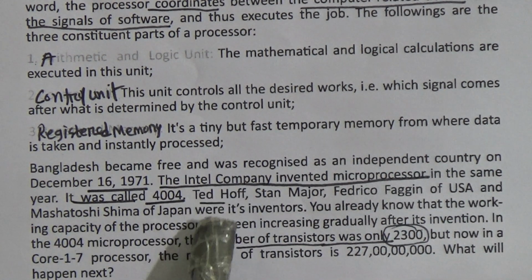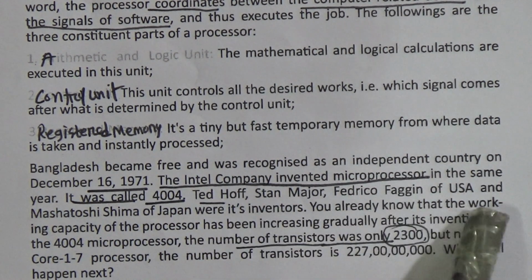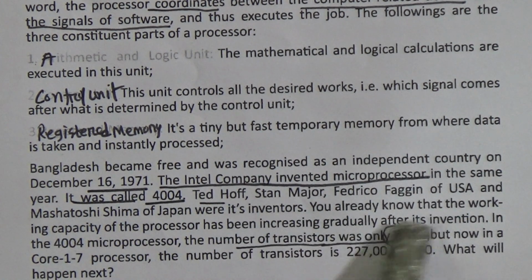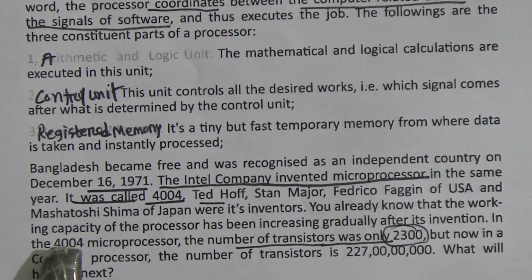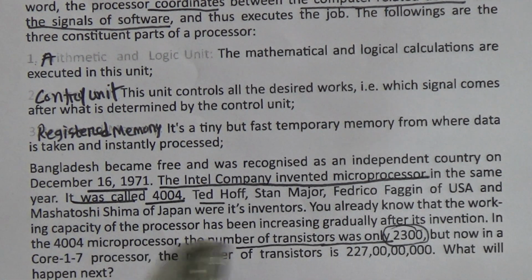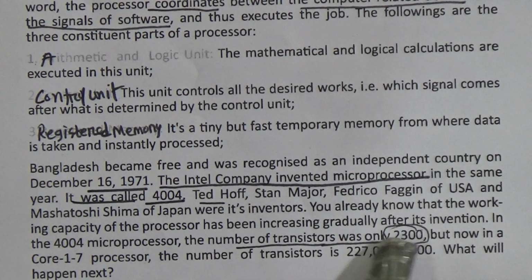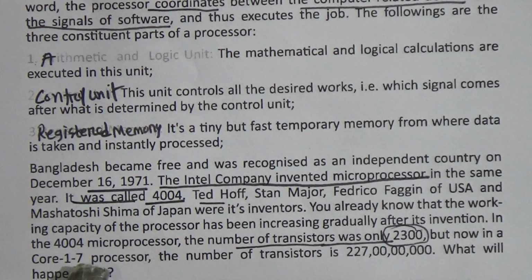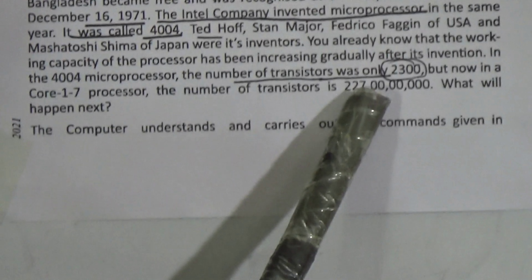The working capacity of the processor has been increasing gradually after its invention. In the 4004 microprocessor, the number of transistors was only 2300, but now in a Core i7 processor, the number of transistors is 227 crore.